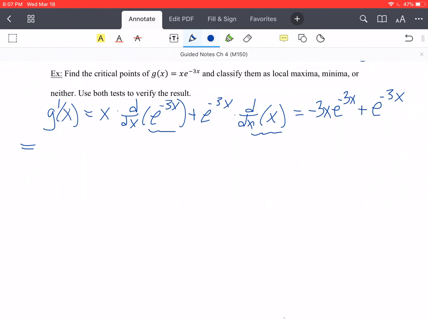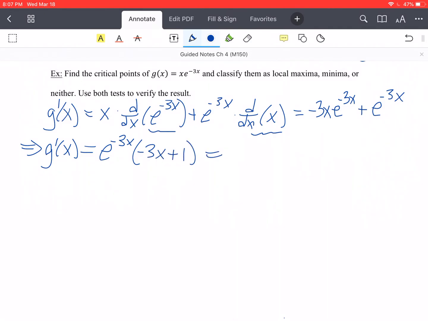Okay. So now, let me go ahead and factor. Okay, so notice there's a common factor of e to the negative 3x here, so let me just pull that out. And we're left with negative 3x plus 1.